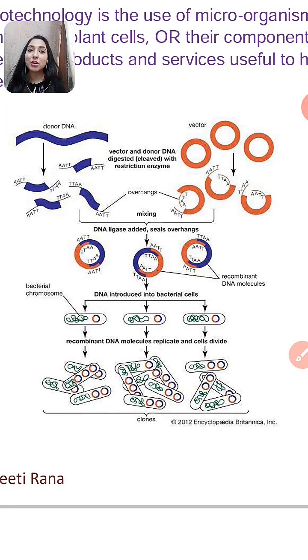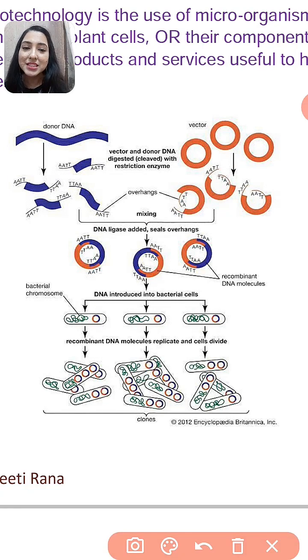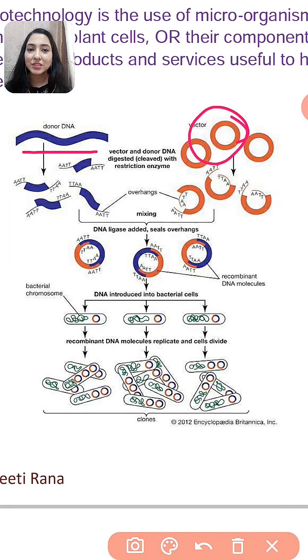As we have discussed biotechnology in my previous video, the link of that video has been given in the description box. But for an overview, as you can see, here is the donor DNA, from which we will take the gene of our interest, and this is the vector DNA, which will act as a way to transfer the gene of our interest from one cell to another cell.